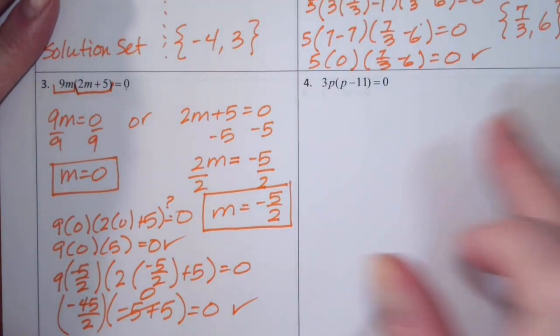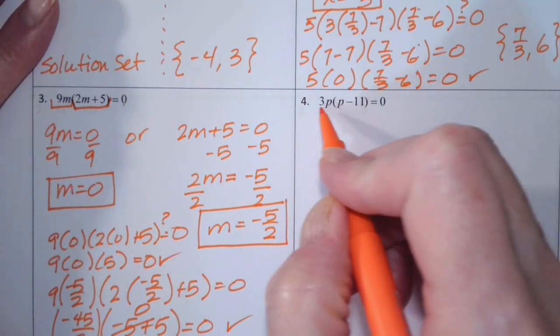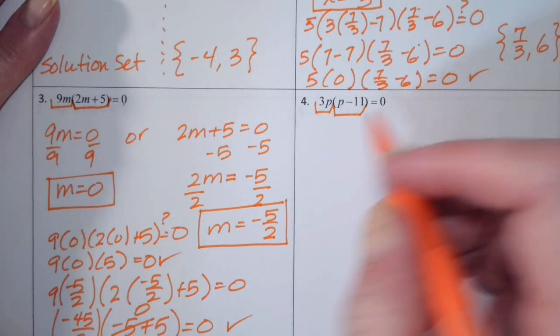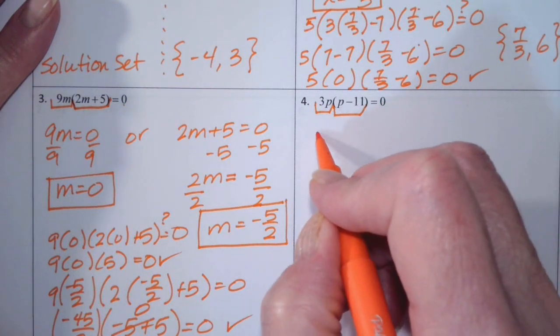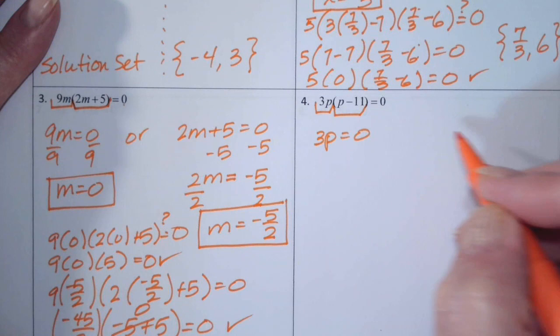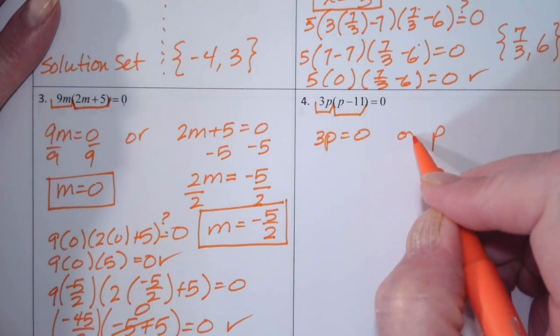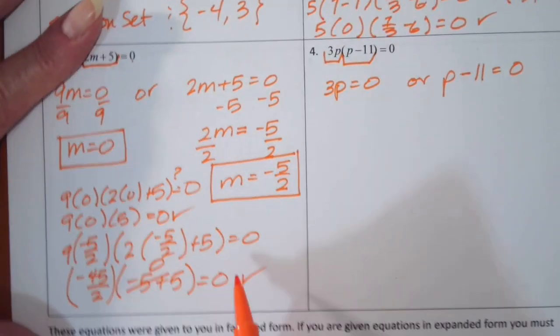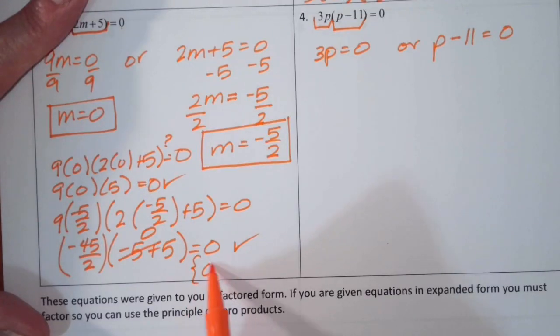Okay, again, I hope you will try this one on your own. 3p times (p minus 11) equals 0. Since the product equals 0, that tells me 3p equals 0 or p minus 11 equals 0. Oh, and before we go, let me write our solution set: 0, negative 5 halves.